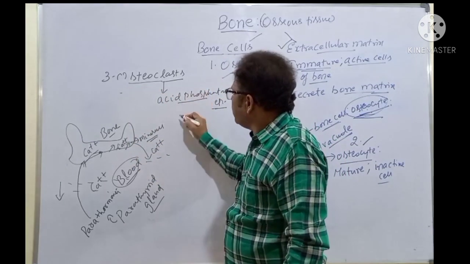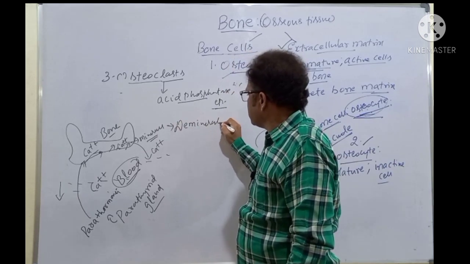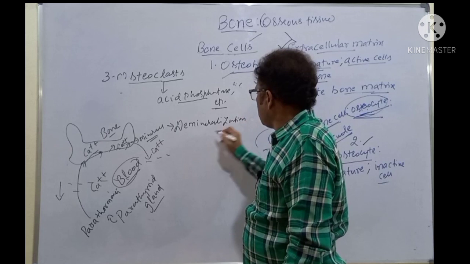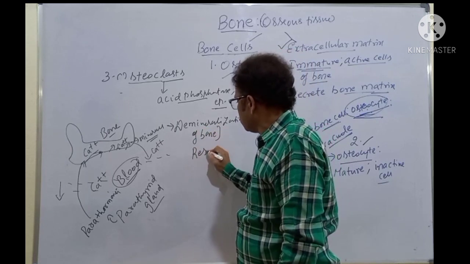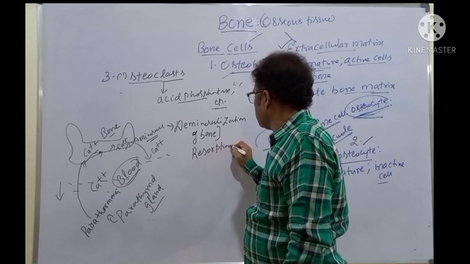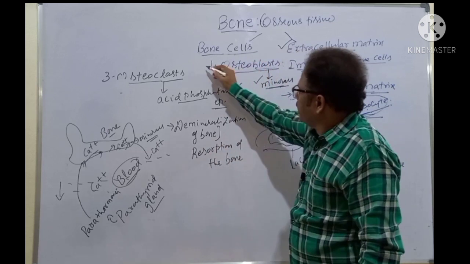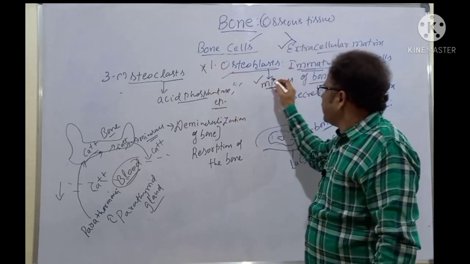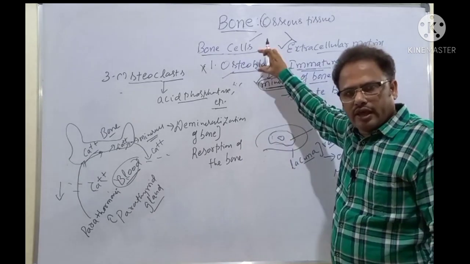And this is called the demineralization of the bone, which is nothing but resorption of the bone. So these two are exactly opposite. Osteoblasts add the mineral content to the bone. That's why it is a bone forming cell.